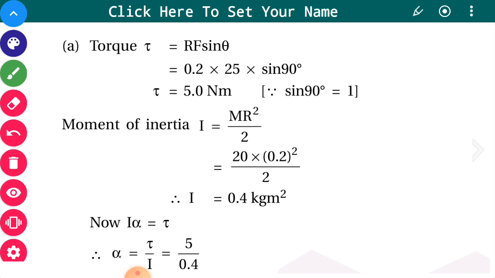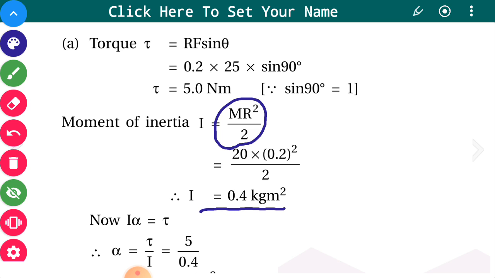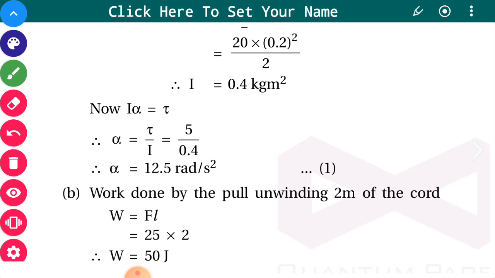So its moment of inertia is 0.4 kilogram meter square. Now torque is I alpha, so you can easily calculate the value of alpha, that is angular acceleration: alpha is equal to tau upon I.